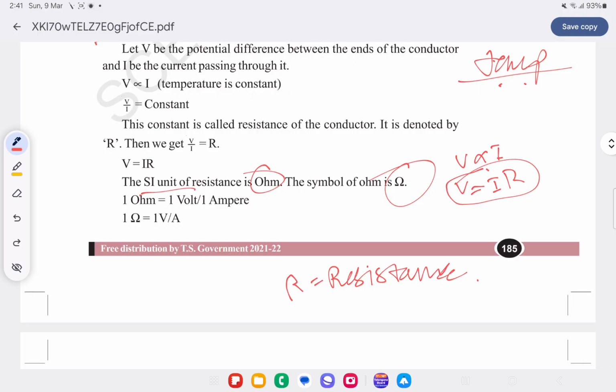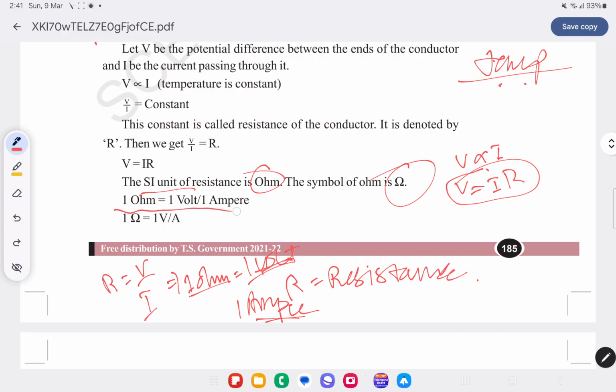Now, can we write the R formula? R is equal to V by I. So we can write like this: 1 ohm is equal to 1 volt divided by 1 ampere. Ohm is the unit of resistance, volt is the unit of voltage, ampere is the unit of current.